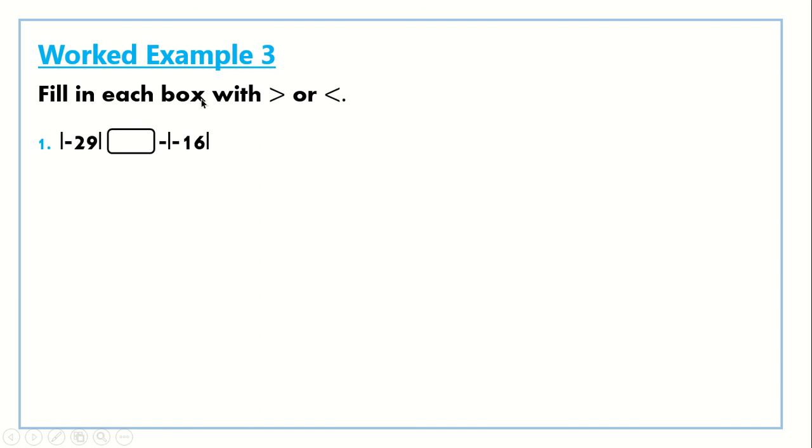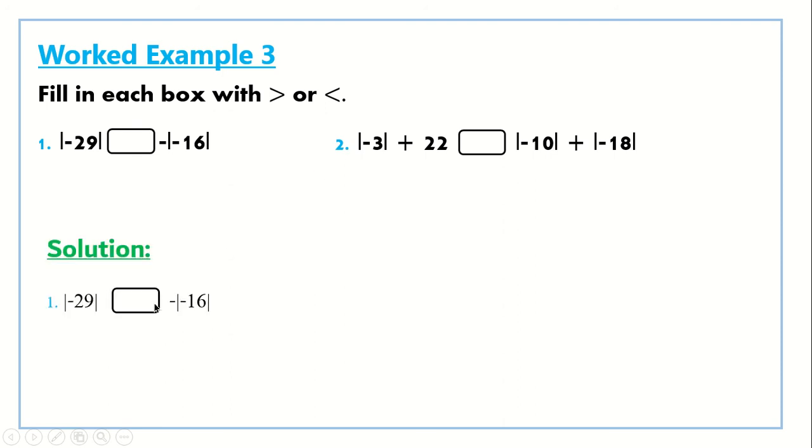Fill in each box with greater than or less than. So this is part 1, and then we get part 2. We begin with part 1. We have the absolute value of negative 29, and then the negative of the absolute value of negative 16.